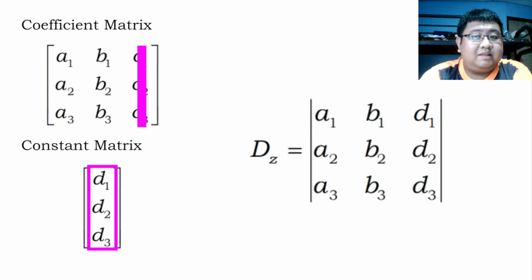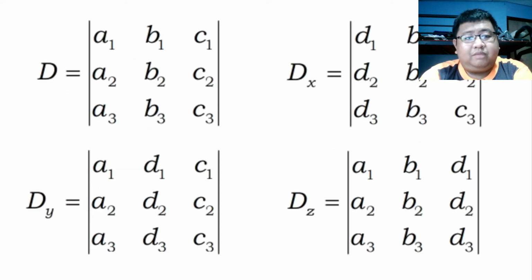That's for dz. So in summary, the four determinants you're going to take are the following. The D, as you can see, is the coefficient matrix unaltered. In the dx, the A column has been replaced with the D column. For the dy, the B column has been replaced with the constant matrix.